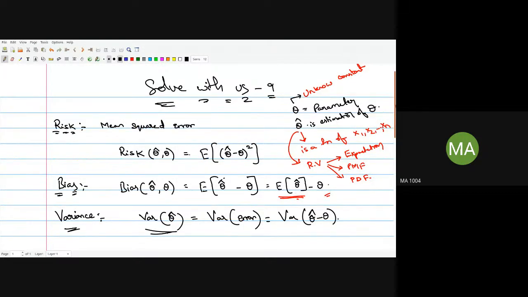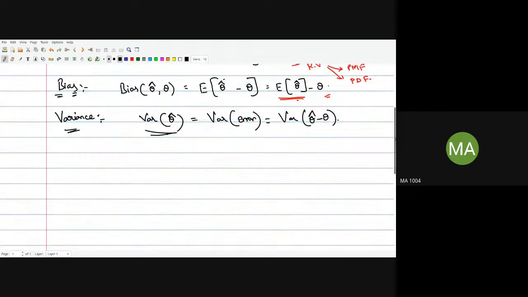So considering these three things, there is a good connection between them, which is called the bias-variance trade-off. The risk you can write in terms of bias and variance: bias whole square plus variance.